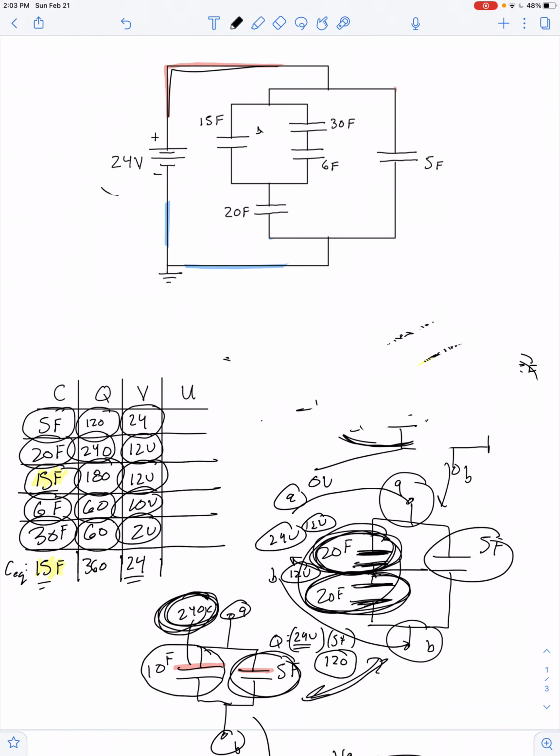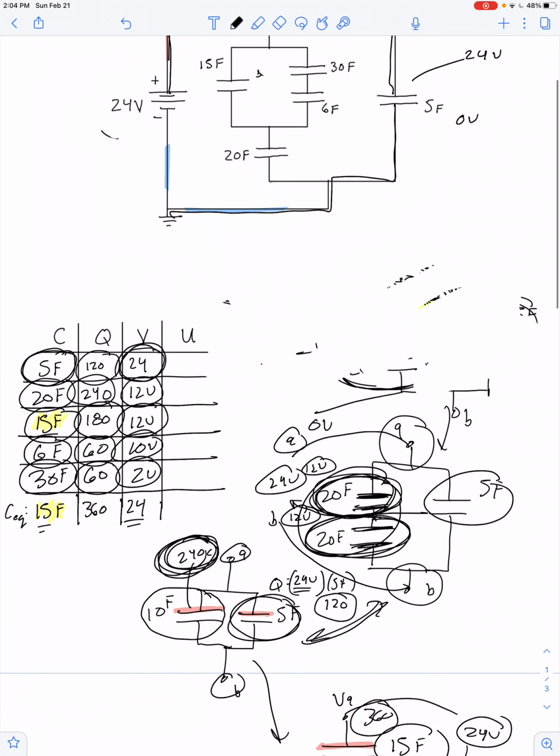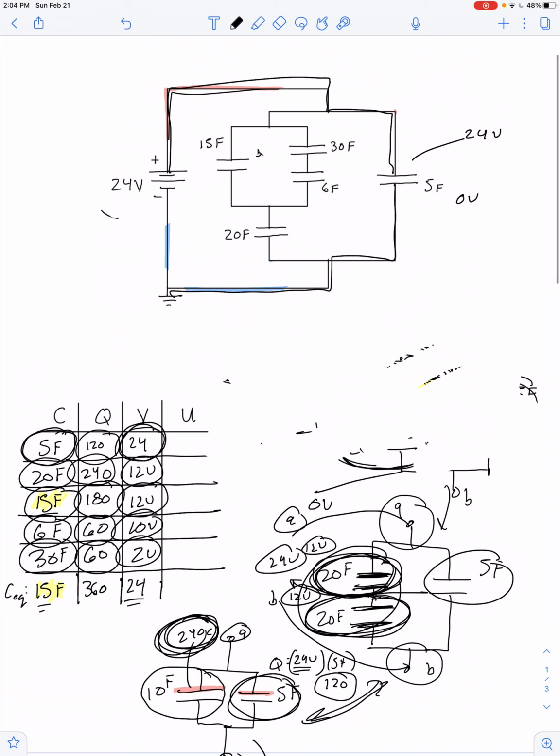So the potential across the 5 farad capacitor, as we know, is 24 volts minus 0 volts. And we have that here. All right. The potential difference across the 20 farad capacitor is 12 volts. So the electric potential right here is 0 volts. That means the electric potential right here must be 12 volts.